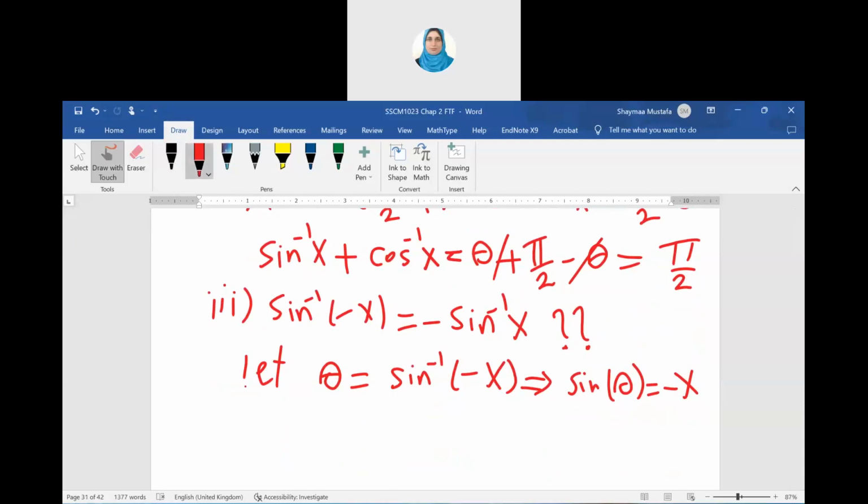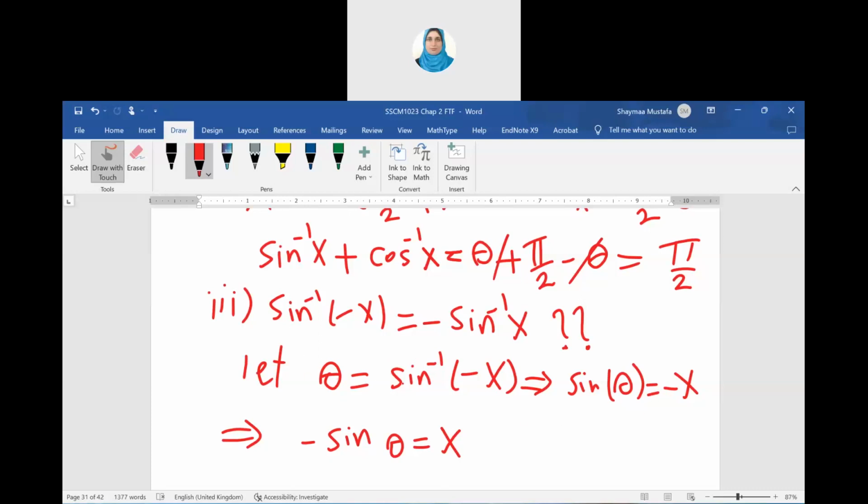Okay. And this also makes minus sine theta equal to x, because we multiply both sides by minus.